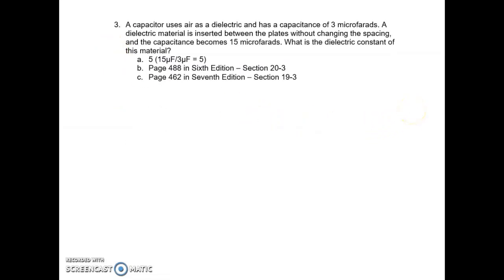Number 3. A capacitor uses air as a dielectric and has a capacitance of 3 microfarads. A dielectric material is inserted between the plates without changing the spacing, and the capacitance becomes 15 microfarads.